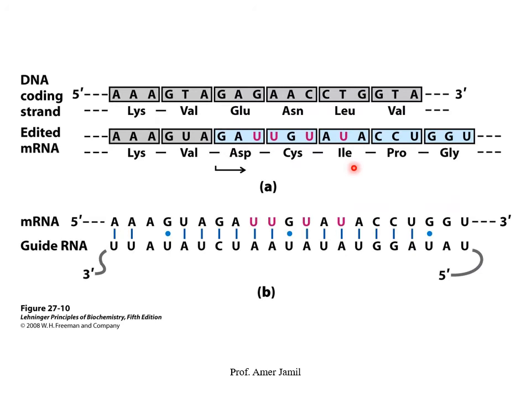RNA editing may also play its part in what kind of protein is going to be made. As in this case, this is the DNA coding strand, but you can see in the messenger RNA there are some changes, like here it should have been C, but it is U. So it means there is editing of the RNA that takes place, making this a U. Similarly for others as well.